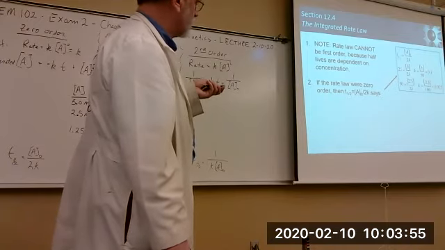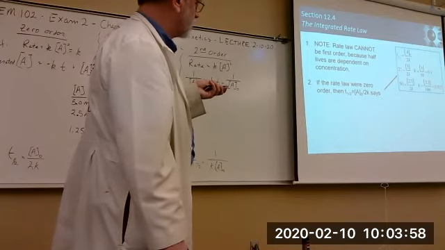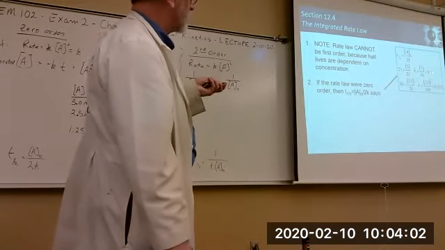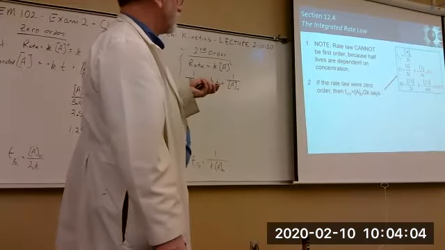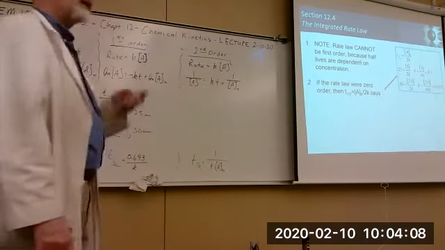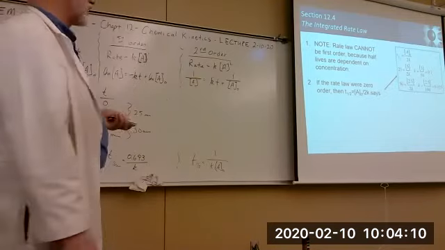So 2 times 25 is 50, and 50 into 5 is 0.1. So k would be 0.1 if this were zero order.